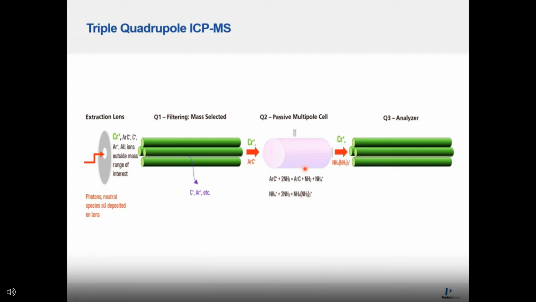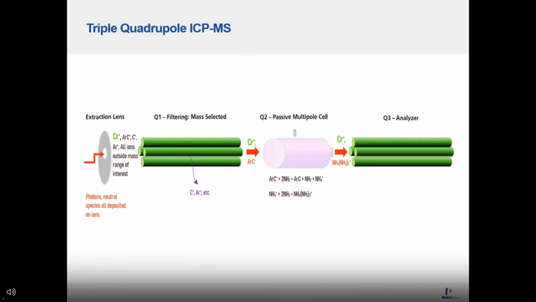Although the ions in the cells are well characterized, the cells with higher order multiple rods, such as hexapoles or octopoles, are passive cells. Their only function is to act as an ion guide to transmit ions through the cell, and therefore they offer no mass resolution functionality.